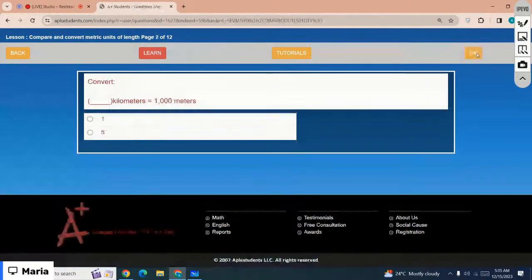Very good. Okay, 1000 meters equal how many kilometers? Yes, 1000 meters equal 1 kilometer.